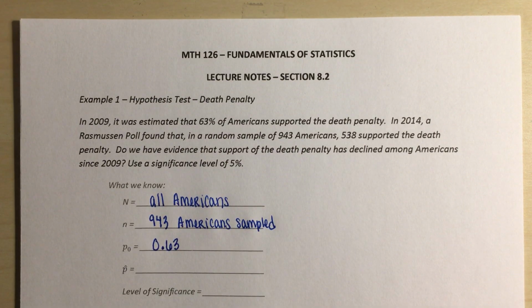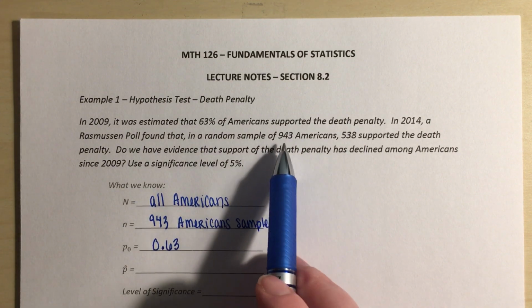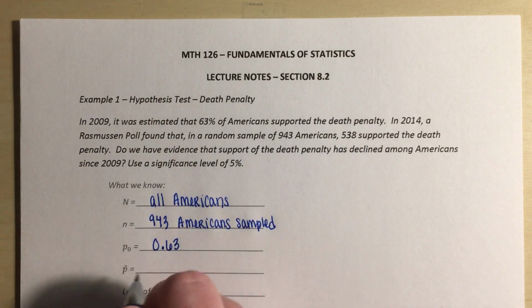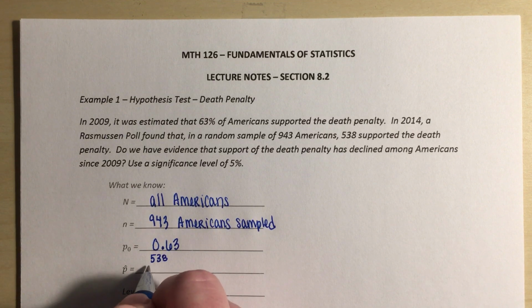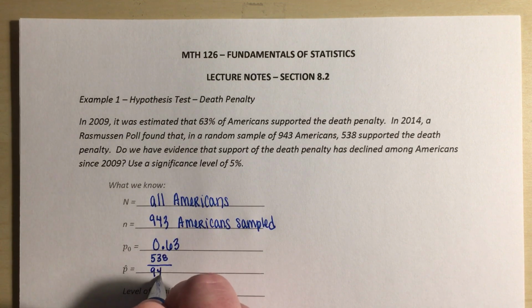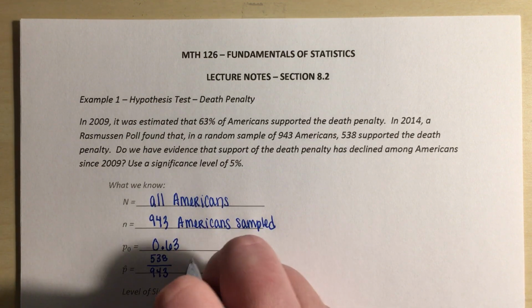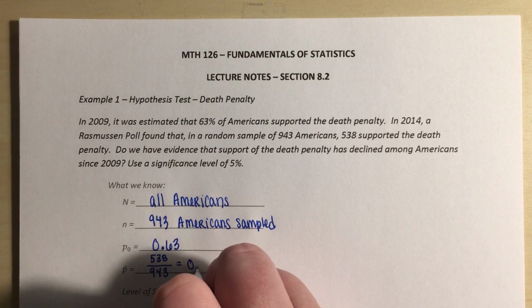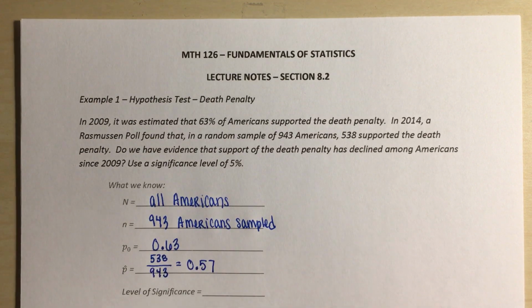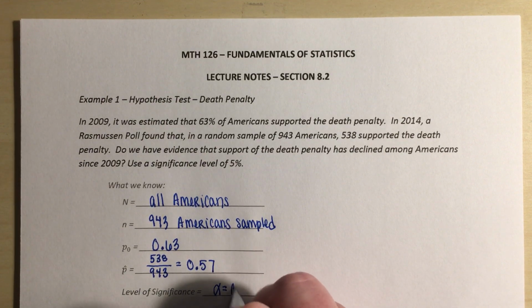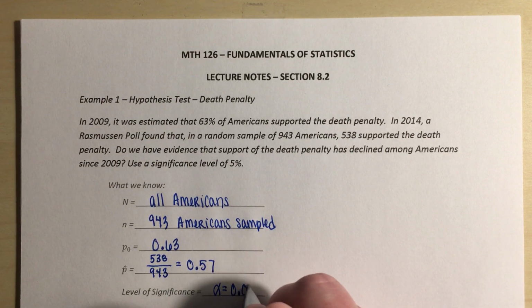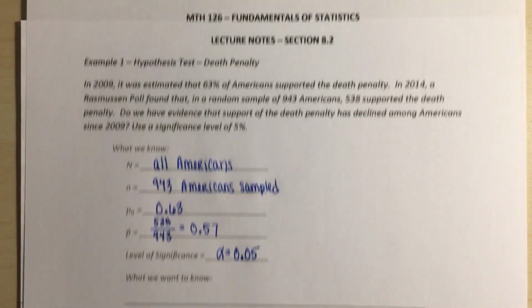Our P hat is what we get from our sample. We're actually not given a percentage, but we can calculate it. 538 divided by 943 gives us 0.57. Our level of significance, alpha, equals, we're told 5%, so 0.05.